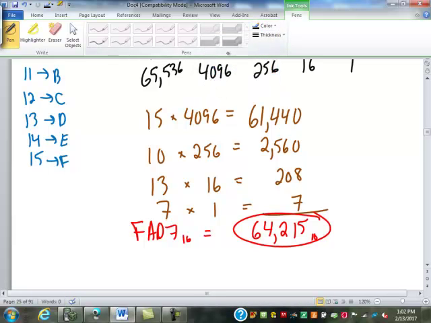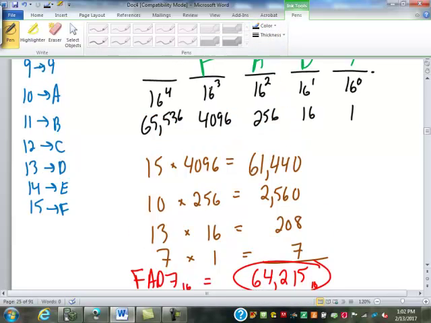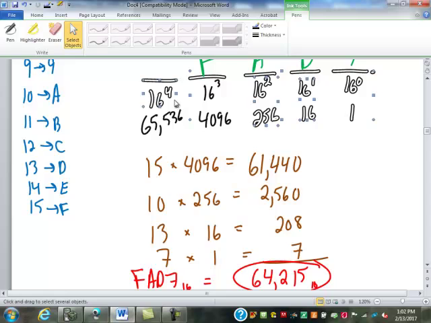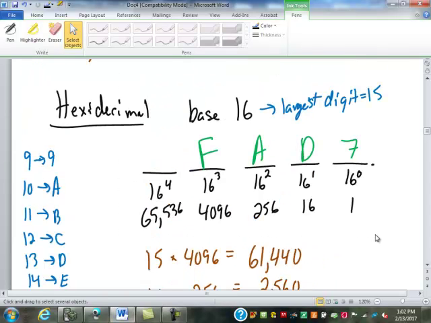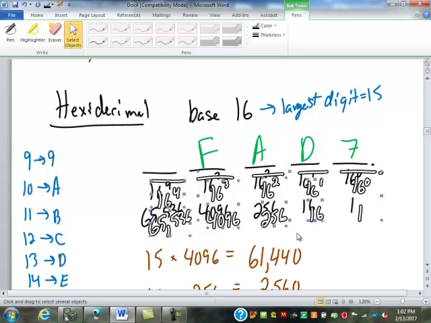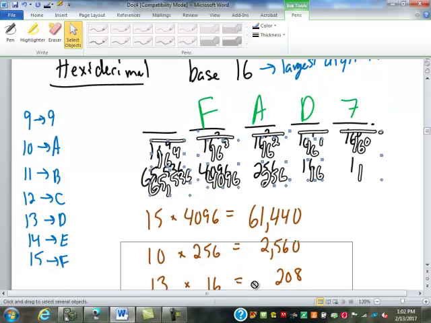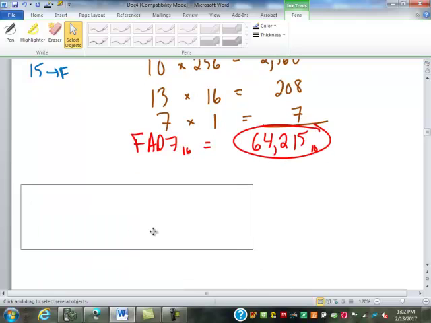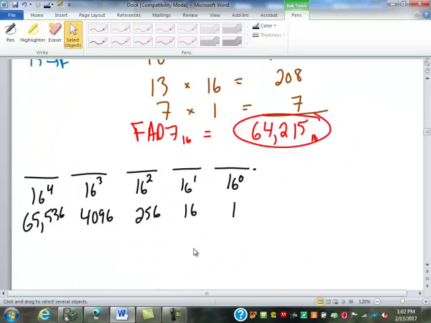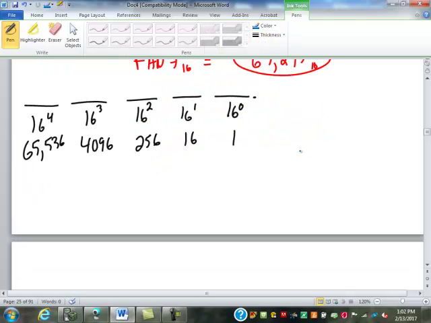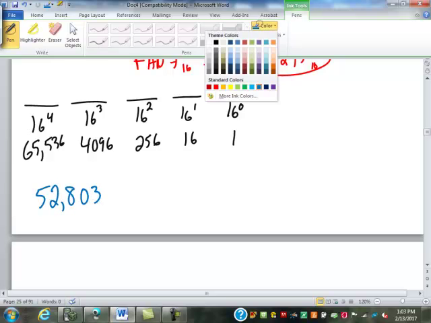Now again, going the other direction is a little more difficult. If we have base 10 and we want to get to hexadecimal, I'm just going to take this with me because we need it. So let's say we have 52,803 in base 10.